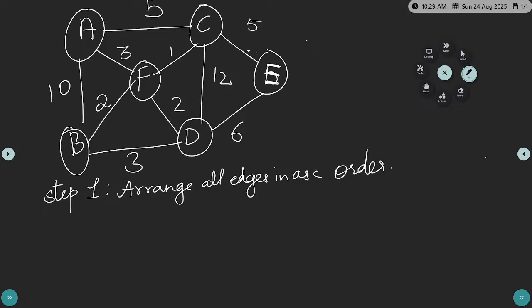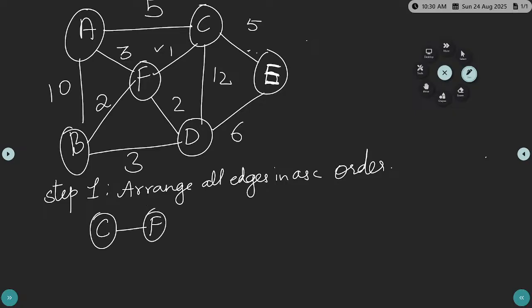So first which edge we should take? Don't write the direct answer, you have to write down like this only. Okay, which is the least cost here? C to F, right? So here I am taking from C to F.